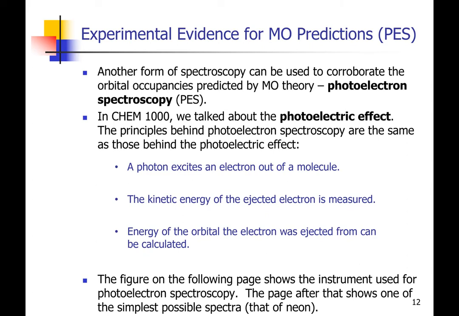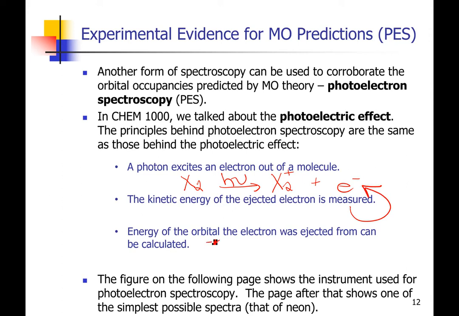So if, for example, we had some sort of diatomic, let's call it X2, then we're going to strike it with light, and that's going to give us the resulting cation and an electron whose energy we can measure. So we can measure the kinetic energy there.